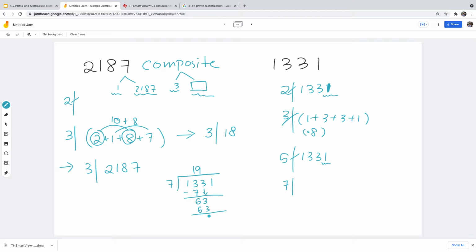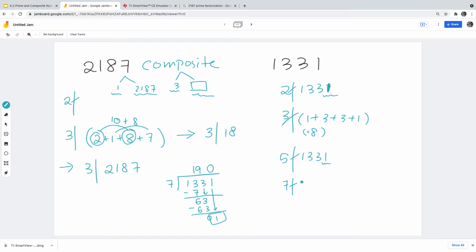We subtract and get 0, and drop that 1. There's 1, which is way too small for 7. So the quotient is not 19 but 190, with nothing in the ones, and there's a remainder of 1. If there's a remainder other than 0, that means it's not divisible by 7.